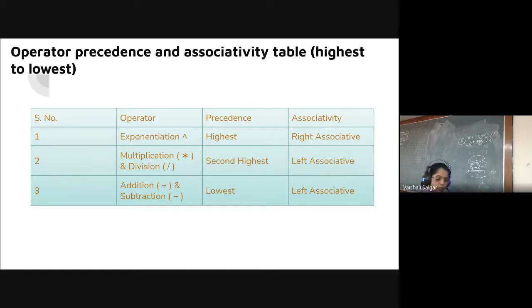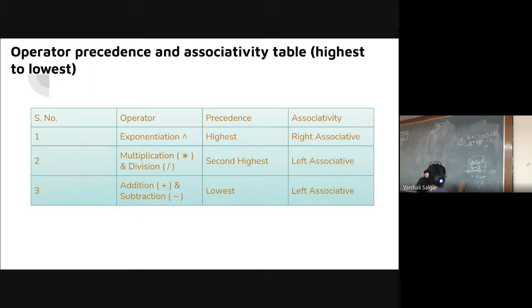So what I have to do over here is evaluate 3 raised to 4 first. What will be the value of 3 raised to 4? 81. So first it will evaluate 3 raised to 4, and then it will be 2 raised to 81, whatever value you get. So this is right associative, whereas in the previous case we saw it is left associative.